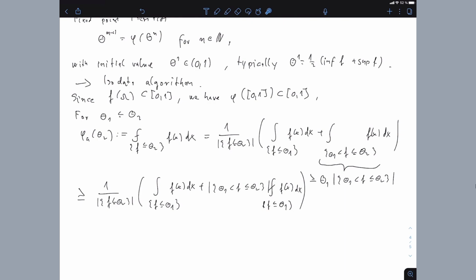And now we just check all these factors. So this is the same as 1 over this part. I'm adding now the factor for f not equal to 1, theta 1 smaller f smaller theta 2, times this average integral.